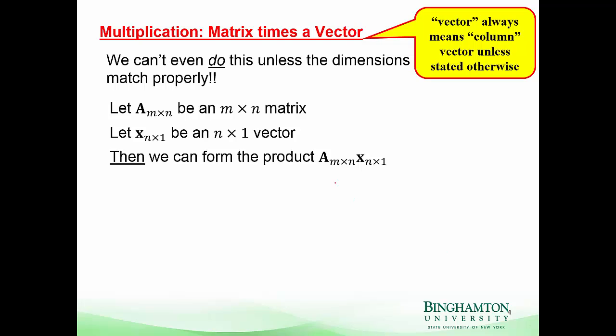So let's say that we've got some matrix A, and we'll include as a subscript here m by n so that we can keep track of what its dimensions are. We don't always do that, but it's helpful when we're trying to explain the requirements for dimensions. So we'll say that's an m by n matrix, and let x be an n by 1 vector. As we said, it's a column vector.